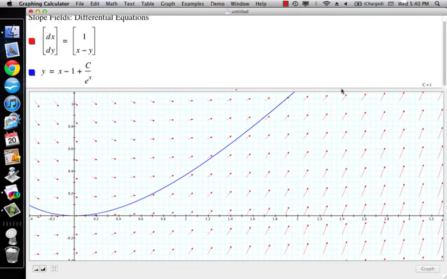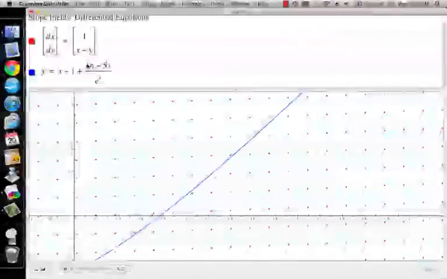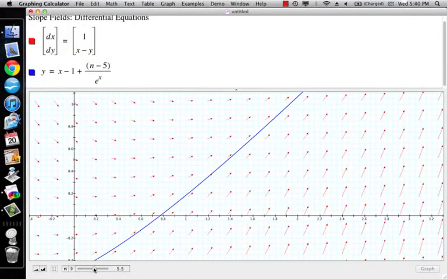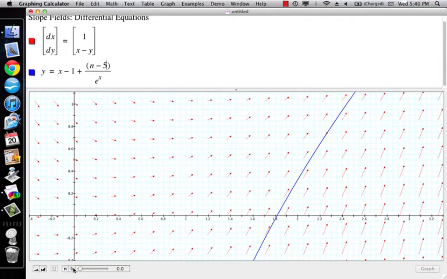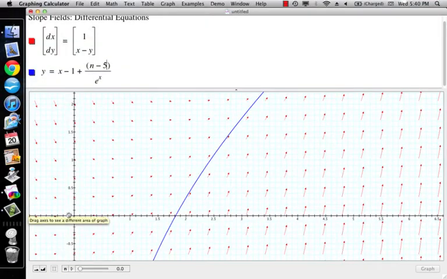And again, that's c equals 1, so I can change it around to n minus 5 so I get my little slider on the bottom. When n equals negative 5, I've got that.